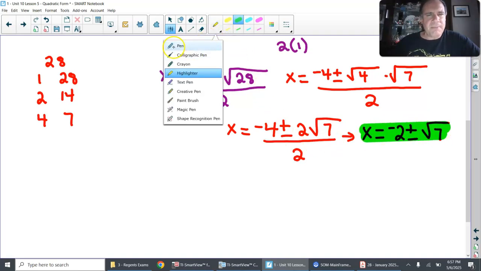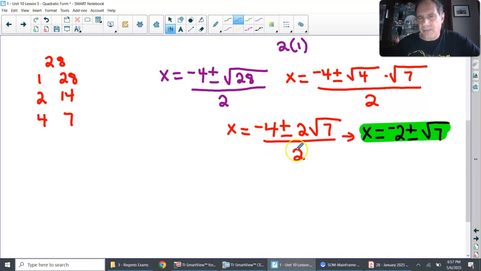When you divide by 2, the negative 4 divided by 2, and the 2 times the square root of 7 divided by 2, the 2's cancel there, and you get negative 2.